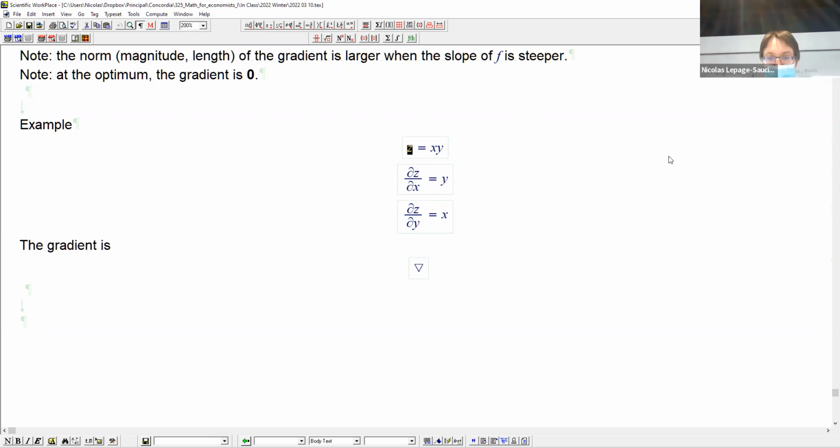Okay, let's write it. f of x, you see that, of course, it's a function of x and y, so it's equal to y and x.